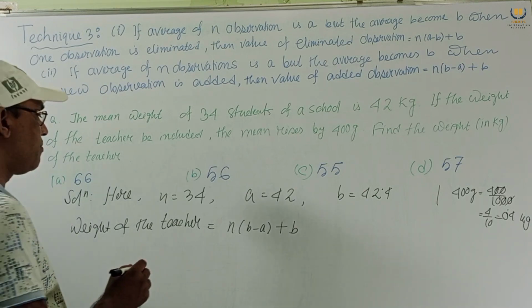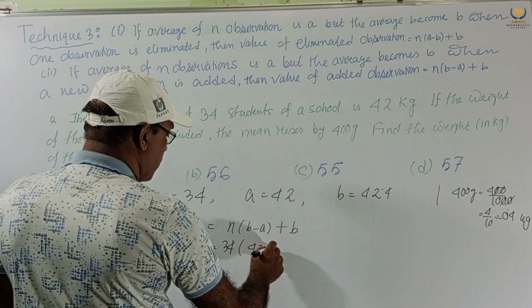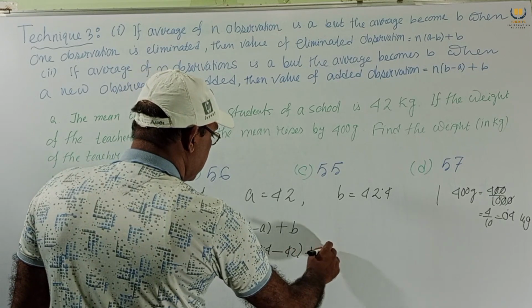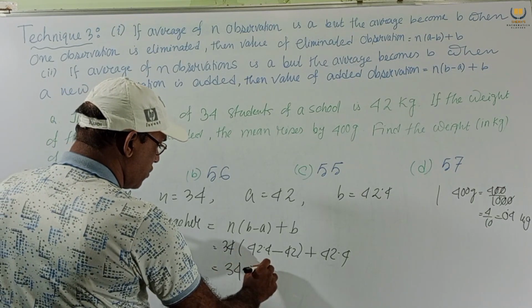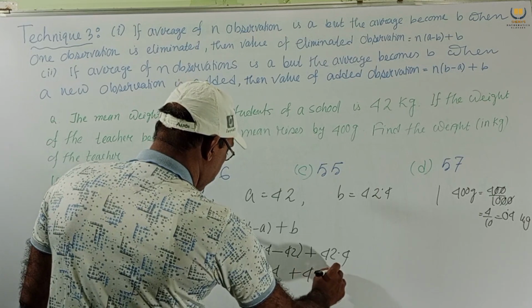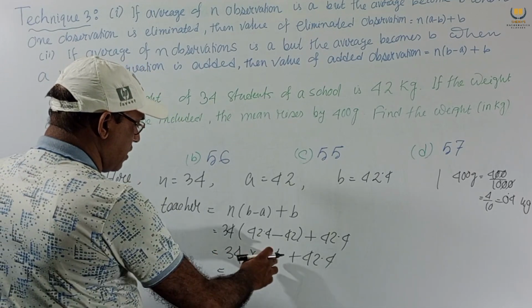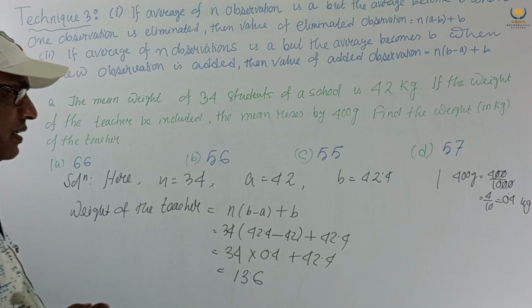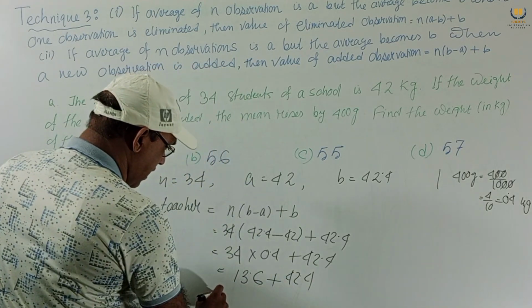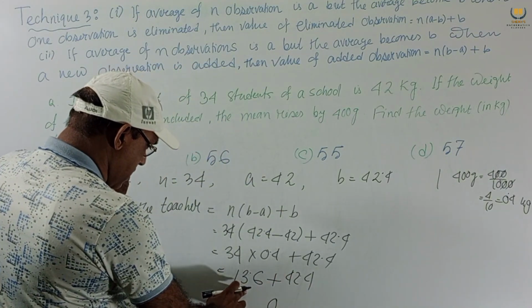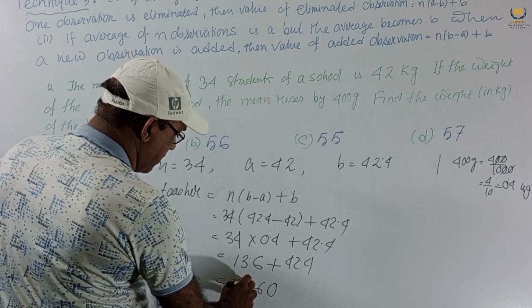Here n means 34, b is 42.4, minus 42, plus 42.4. So 34 into 0.4 plus 42.4. 34 into 0.4 is 13.6, so 13.6 plus 42.4 equals 56.